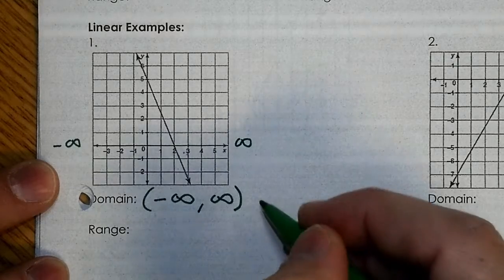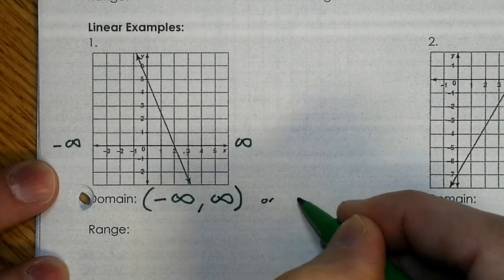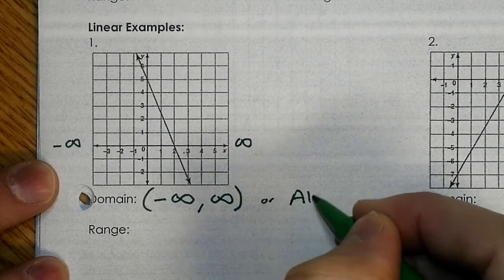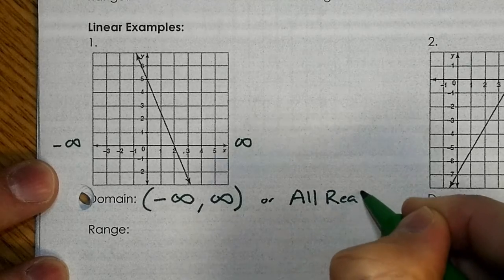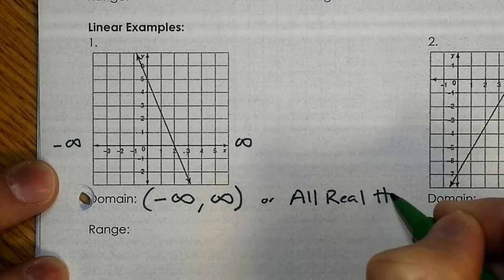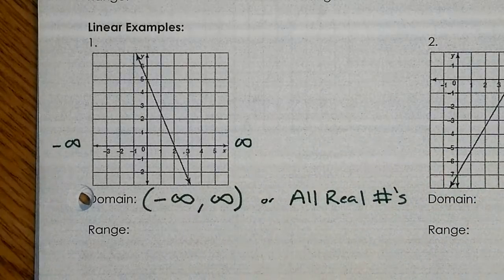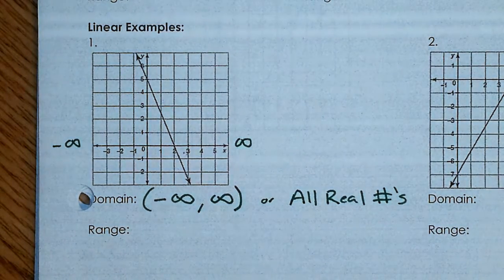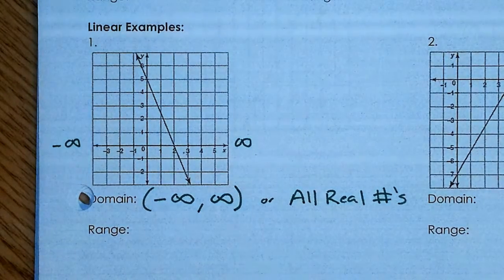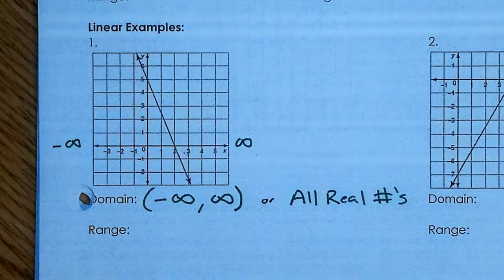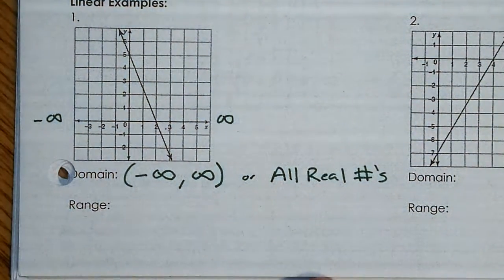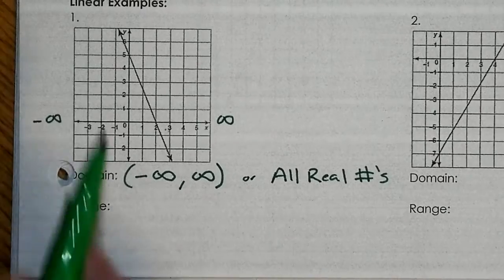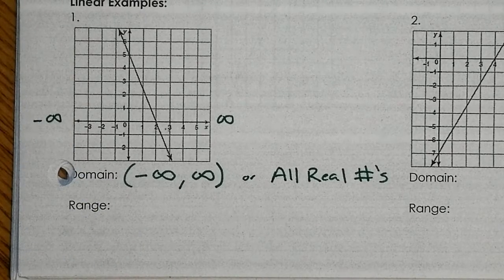Another way of writing it, some people put all real numbers. All real numbers. That's the domain, and all linears are probably going to have that same idea.